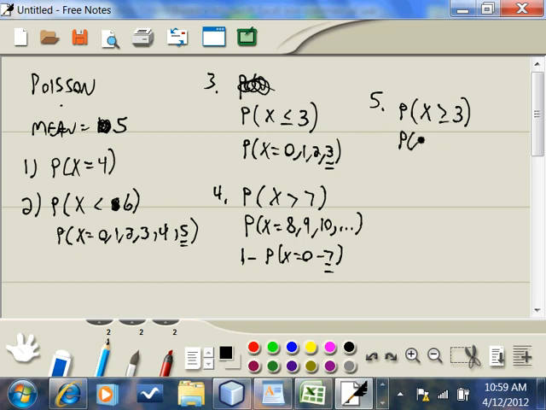But this would be 3, 4, 5, on up to infinity. In order to plug it in Excel, I have to have it go from 0 to a number. So I rewrite this. Remember, 1 is everything, and if I subtract off 0, 1 and 2, that'll leave me 3 on up.